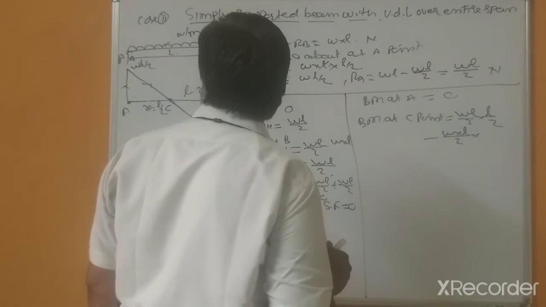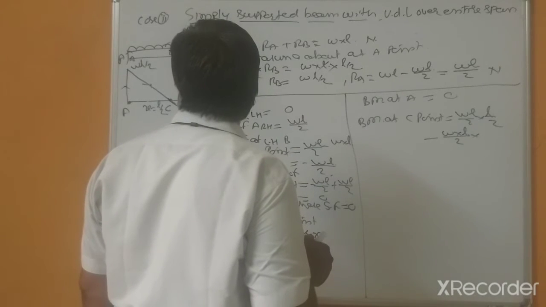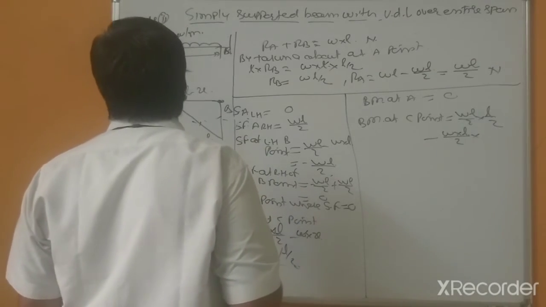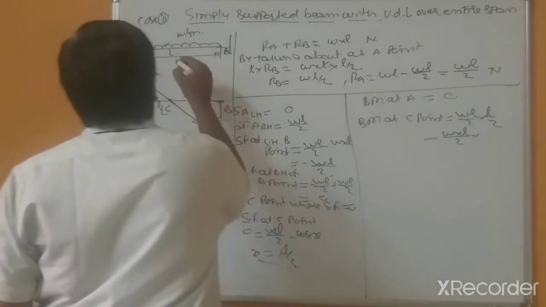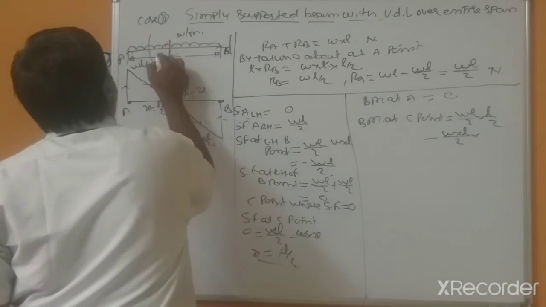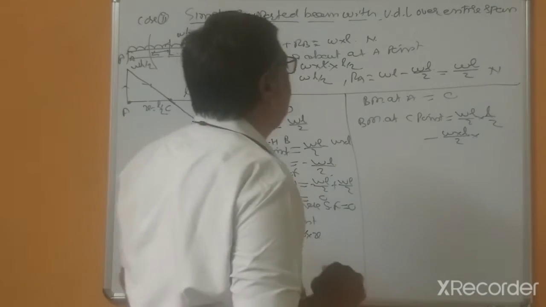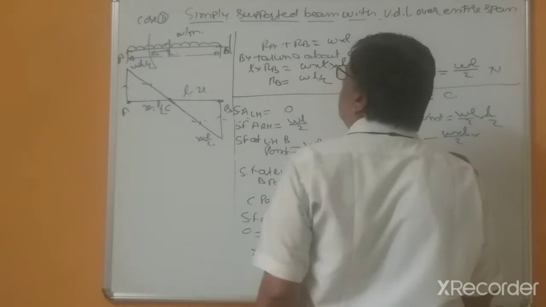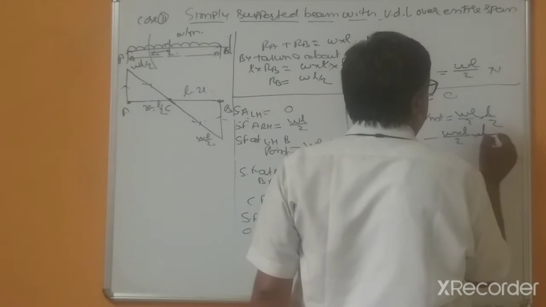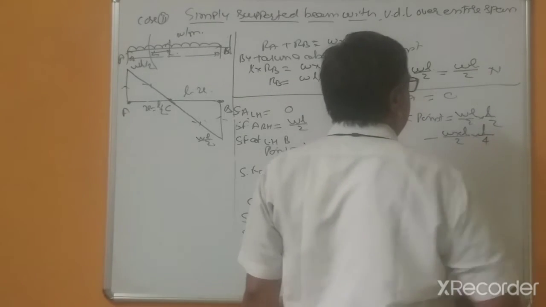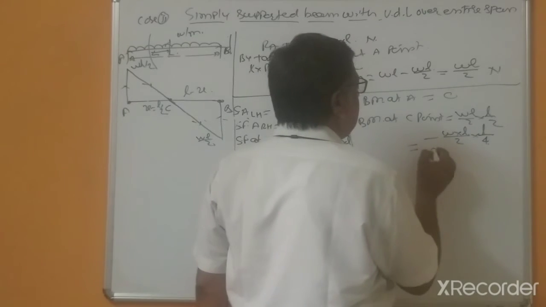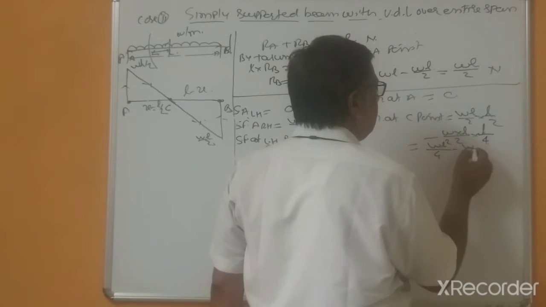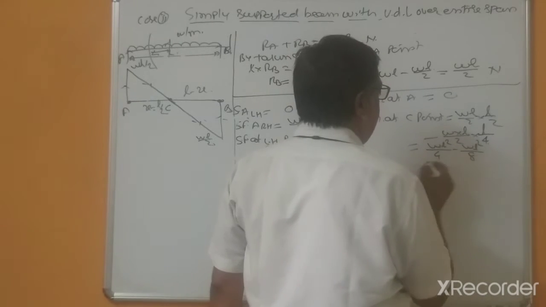multiplied by, because this distance equals L by 4, this distance equals L by 4, so this becomes WL square divided by 4 minus WL square divided by 8.